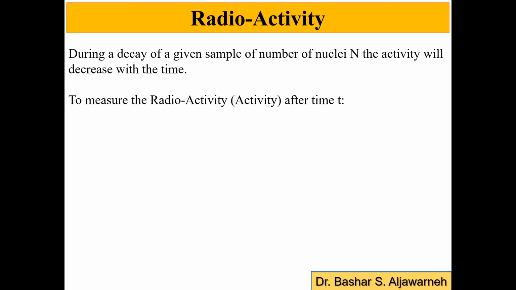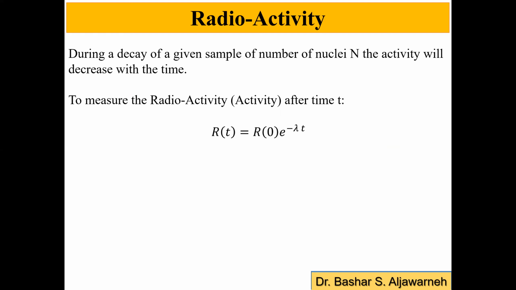So the radioactivity after a certain time is given by R of 0 times exponential minus lambda times t. Here, it's worth mentioning the following. T is the time that we are calculating for, and lambda is the decay constant.